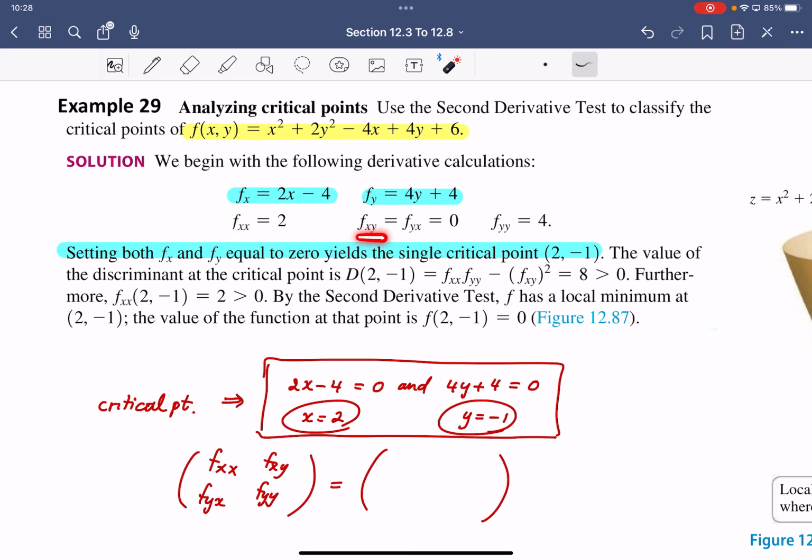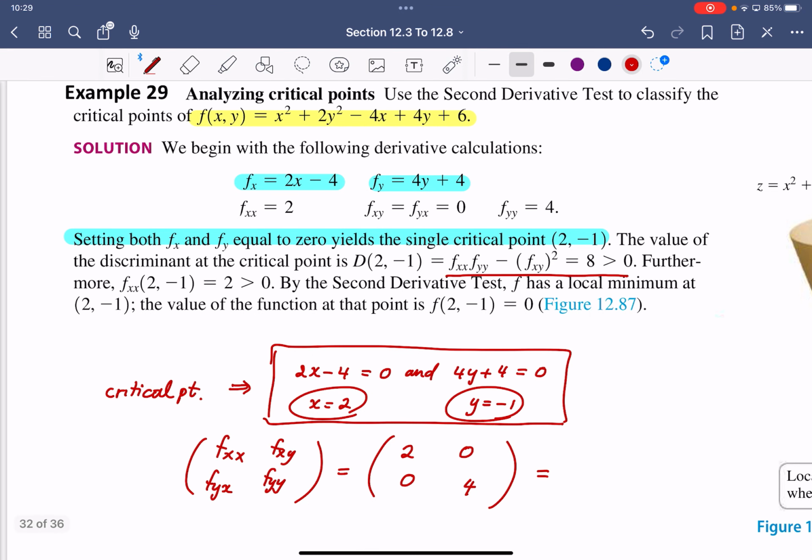For fxy and fyx you can do only one: start from here, differentiate with respect to y, you get 0, or start from here, differentiate with respect to x, you get 0. So you put 2 here, 4 here, 0 here, 0 here, and the Hessian tells you that your D is going to be 8, right?